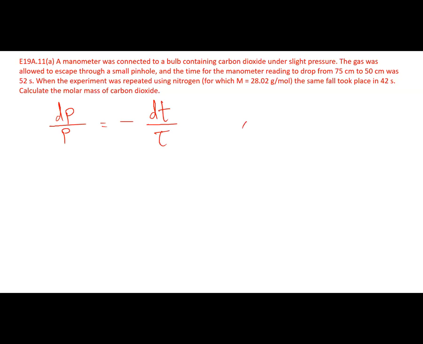I can rearrange the previous equation so that I get the pressure terms on one side and the time terms on the other side. So tau is nothing but the rest of the term, V over A times 2 pi m over RT power half.